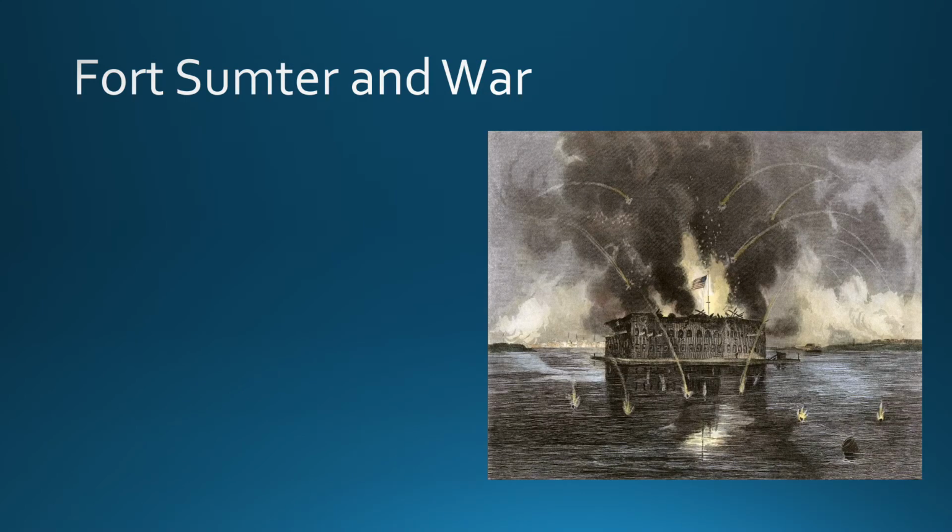However, the official trigger into the war will occur in April 1861, and it happens at a fort known as Fort Sumter. So let me explain what's gone on since the South has seceded. In late 1860, early 1861, those 7 southern states have officially seceded and have declared themselves to be the Confederacy of the United States of America.